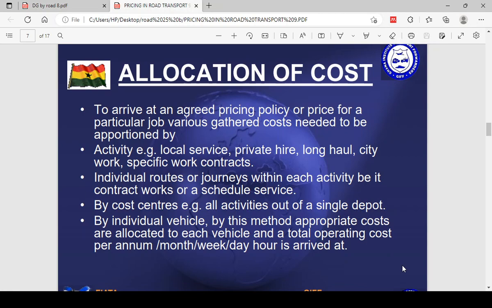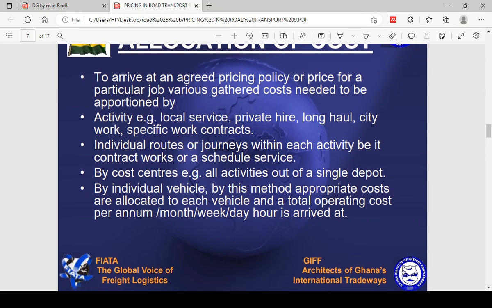Then individual routes or journeys within each activity, be it contracts or a scheduled service. So by cost centers, all activities out of a single depot will be taken care of. By individual vehicle, by this method, appropriate costs are allocated to each vehicle, and the total operating cost per annum, monthly, weekly, daily, hourly, will be arrived at.